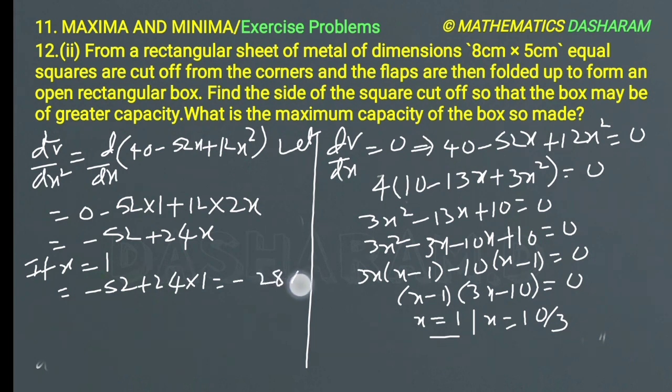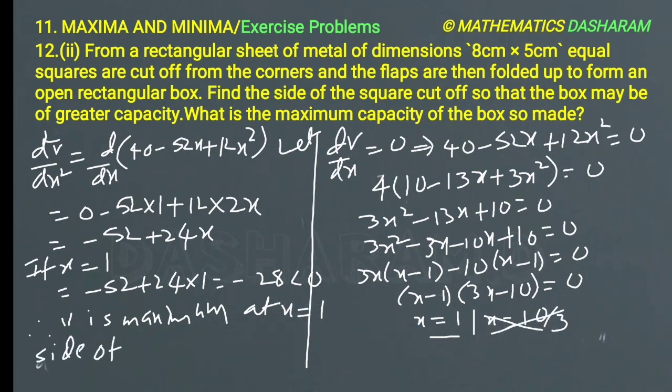So negative answer. So here we got the negative answer. Definitely V is a maximum at x equals 1. And we can ignore x equals 10 by 3. So the side of the square cut off equals 1 centimeter.